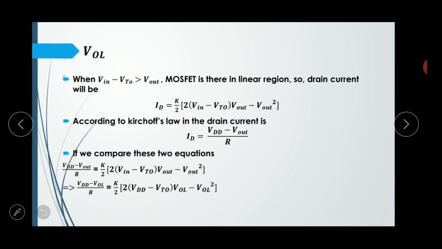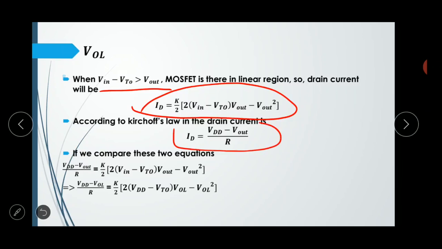Next is VOL. Here Vin minus VT0 is greater than Vout, so the MOSFET is in the linear region. So the drain current equation will be this. And according to Kirchhoff's law, the drain current equation of the resistive load inverter is this.